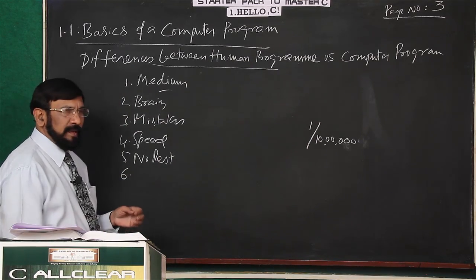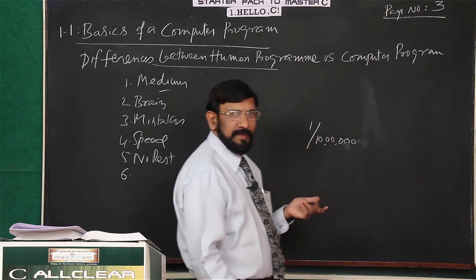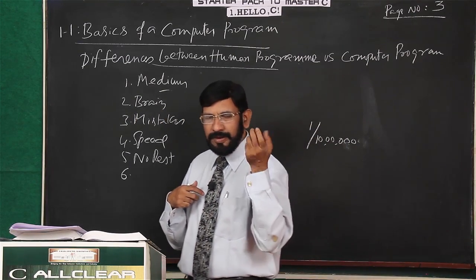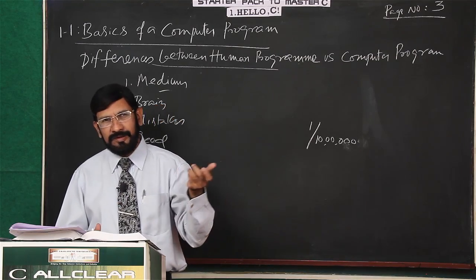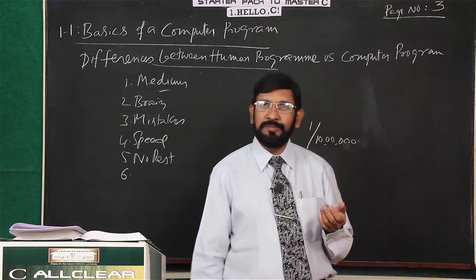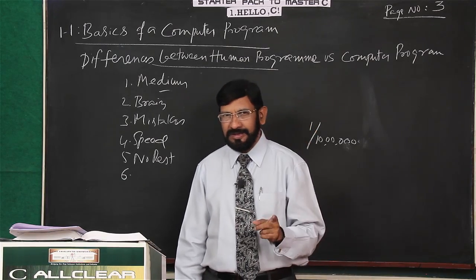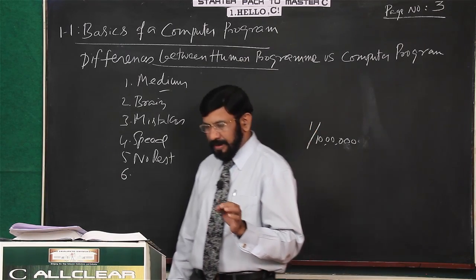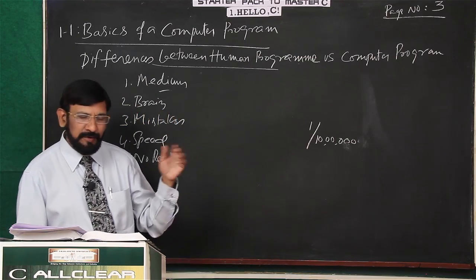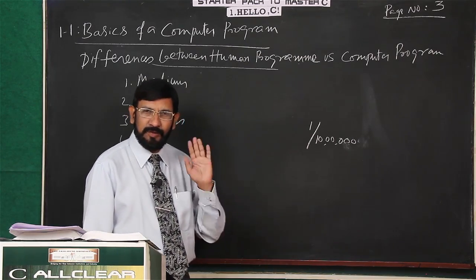Sixth one, error is human. You know a saying, error is human. Being humans, always we commit mistakes, and for rectifying mistakes, we spend a lot of time. But if your instruction is correct, the computer never commits a mistake. Many people say the computer made a mistake, that it crashed. Don't believe it.